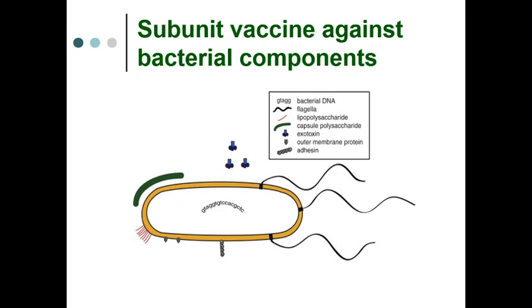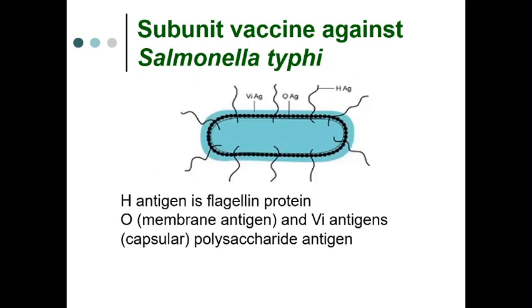The lipopolysaccharide part of the bacteria also could become a vaccine candidate. So, using different parts of the bacteria or different parts of the antigenic domains of the virus is called a subunit.